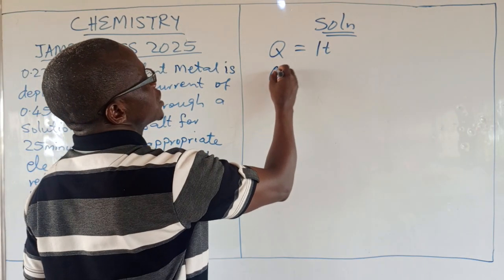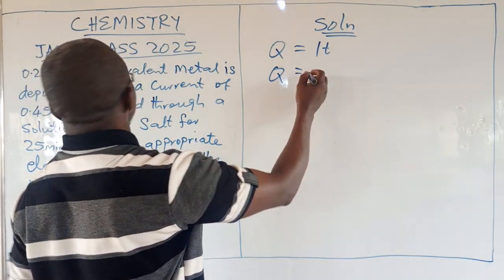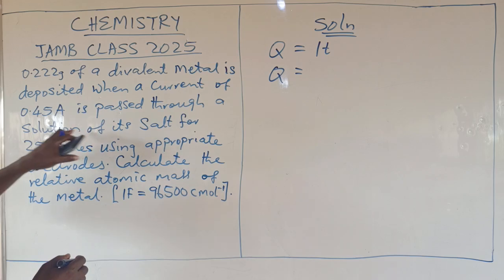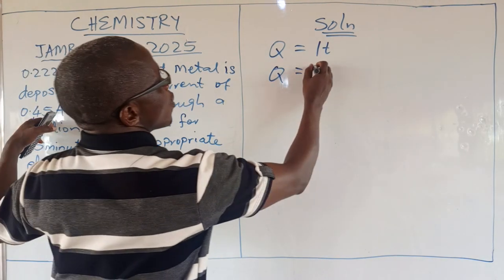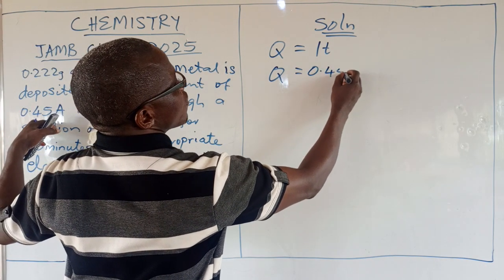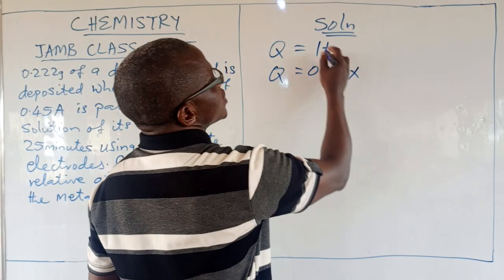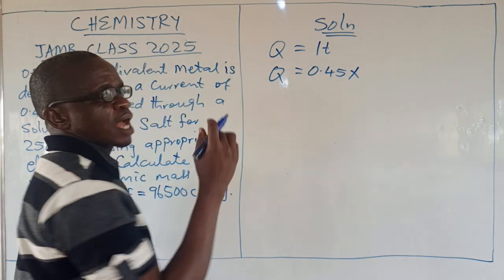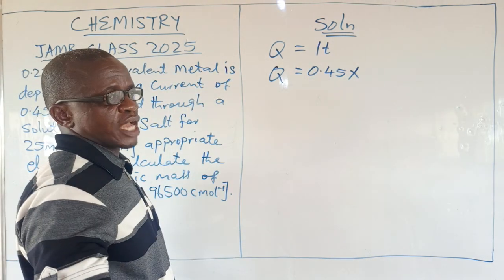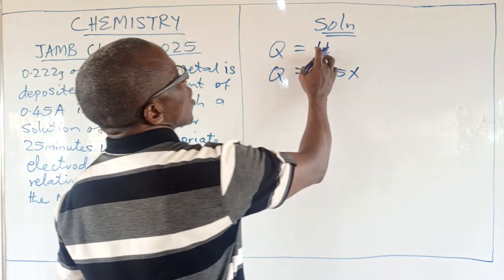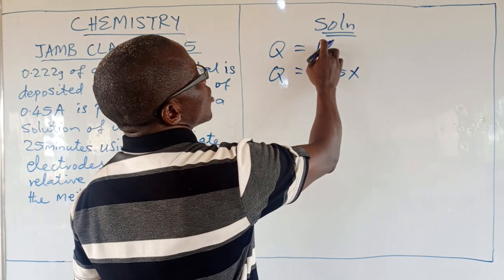So the quantity Q will be equal to current I, which is 0.45 ampere, times time. When you see IT, it means I times t, current times time, with a multiplication sign.